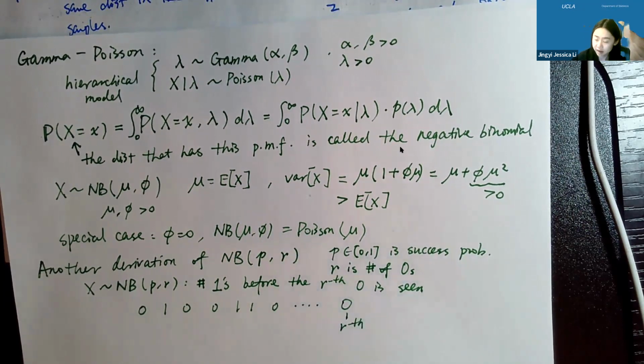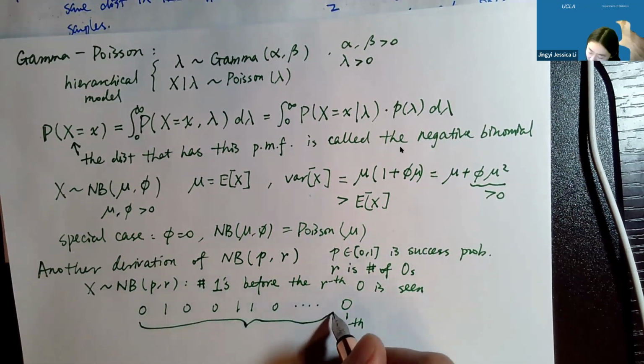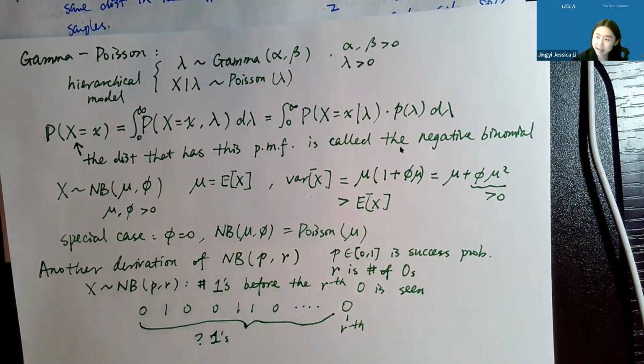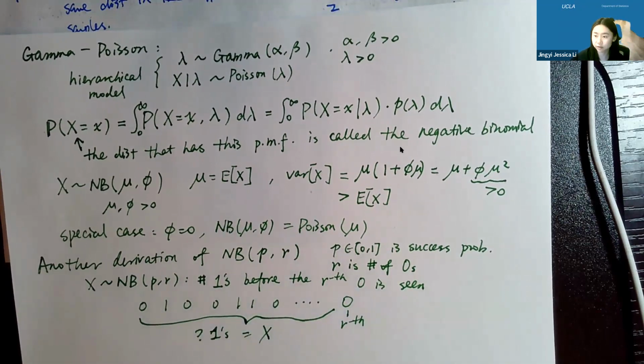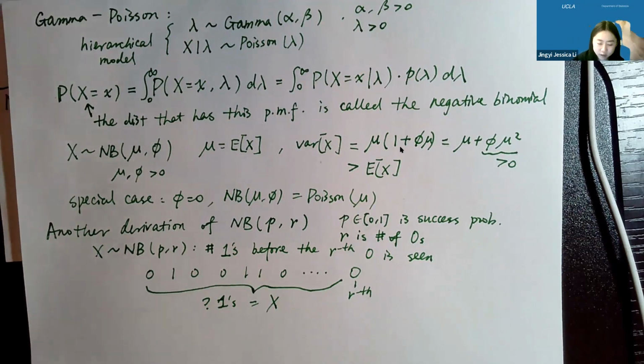We stop here and we just count how many ones are here. And this number is what we call X. So this is how we define the random variable here. And you can see by this definition, X can range from integer 0, that's the minimum it can take, and up to 1, 2, and so on. So basically, this is the negative binomial formulation from coin tossing.